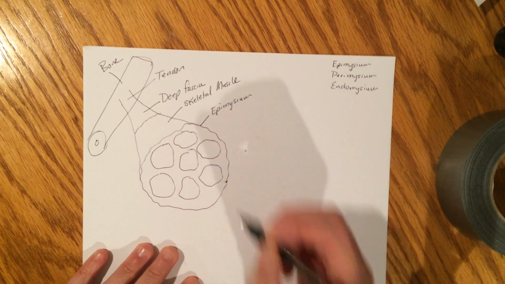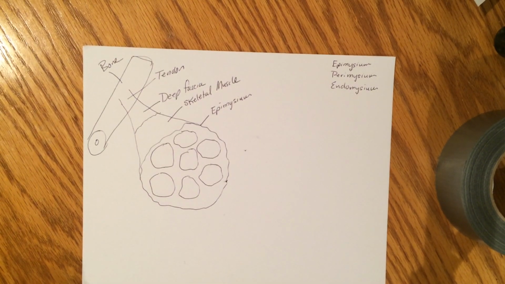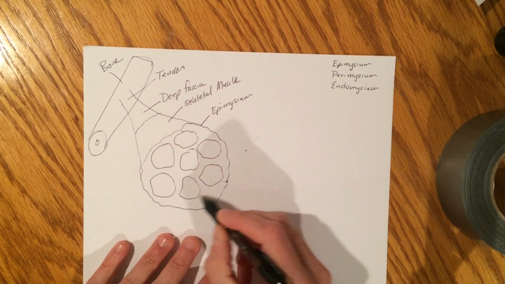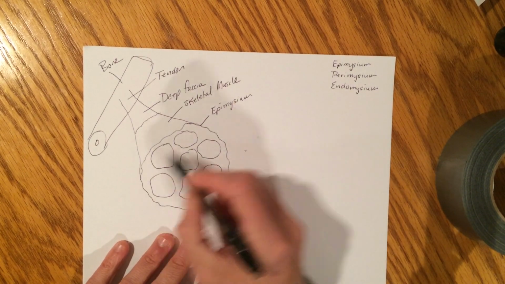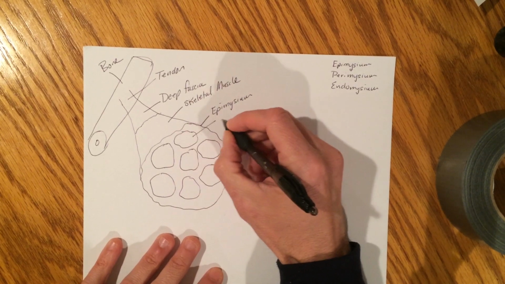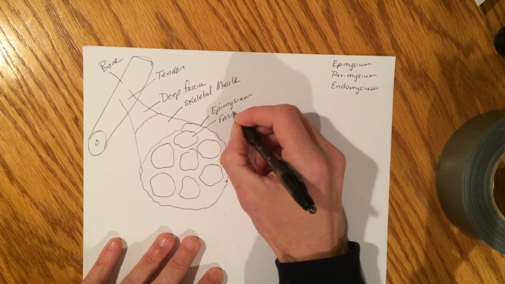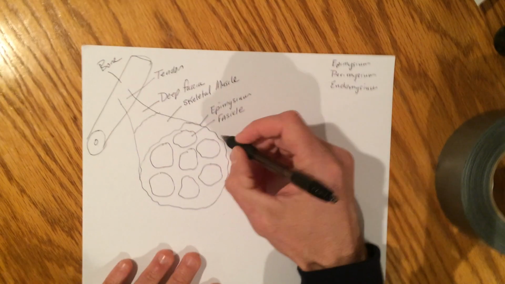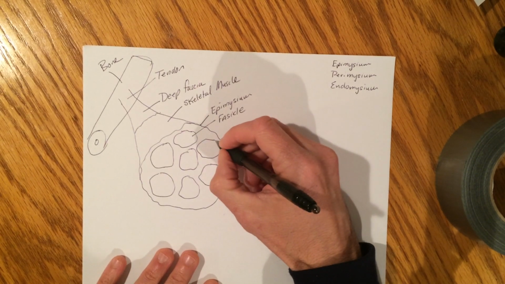It doesn't matter how many you draw in here, and obviously in a larger muscle there'd be way more than this. These individual functional units that I just subdivided in the whole muscle, one of these is called a fascicle. And each fascicle is separated from all of the other fascicles so that they can move independently by something called the perimysium.